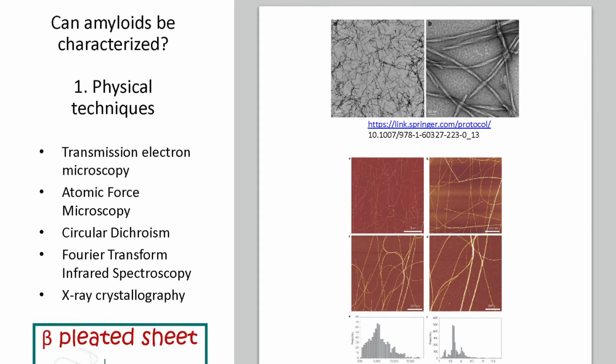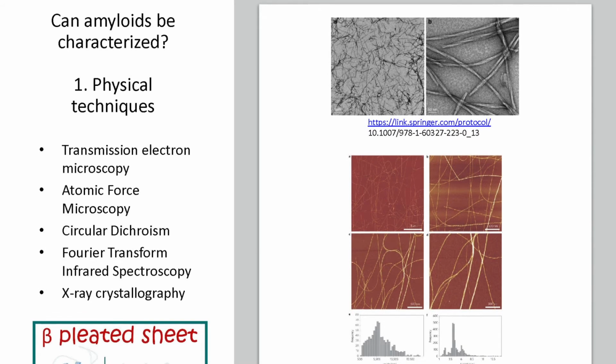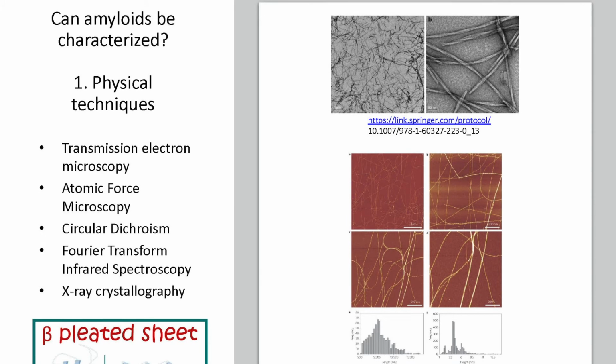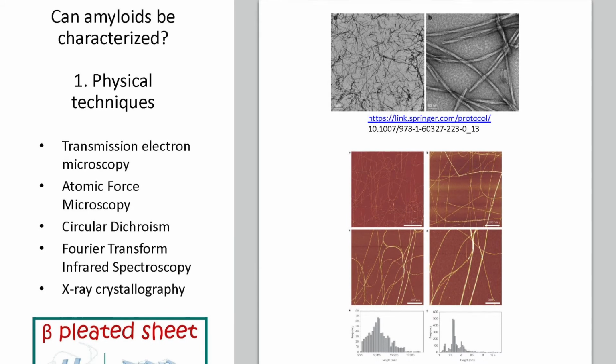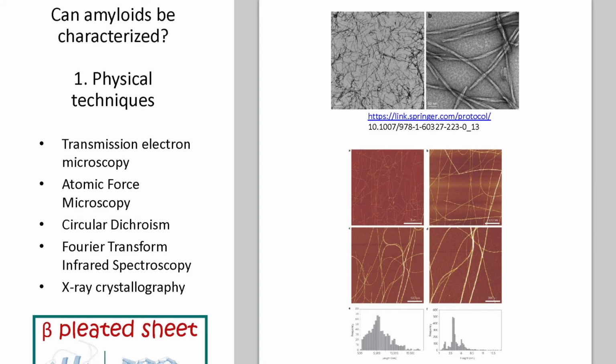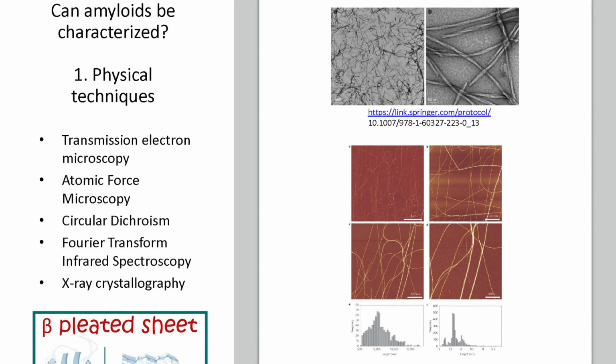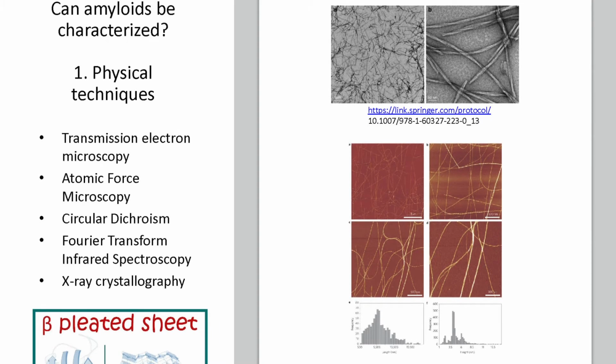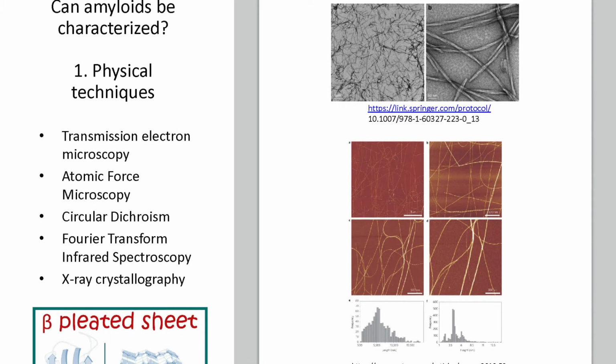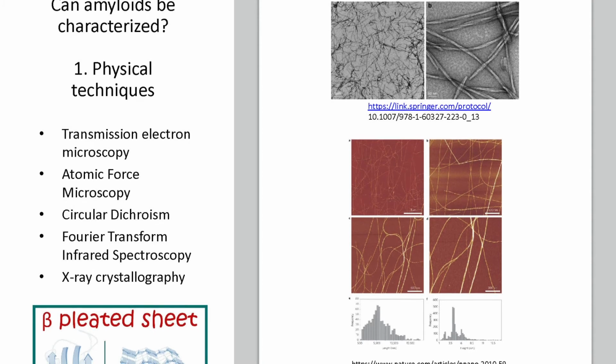Here in this case, the amyloids are deposited onto carbon grids, stained by a negative stain like uranyl acetate, and then viewed under the electron microscope, and we can see the picture of these amyloids. The mature amyloid fibrils take up these needle-like or long strand-like structures.